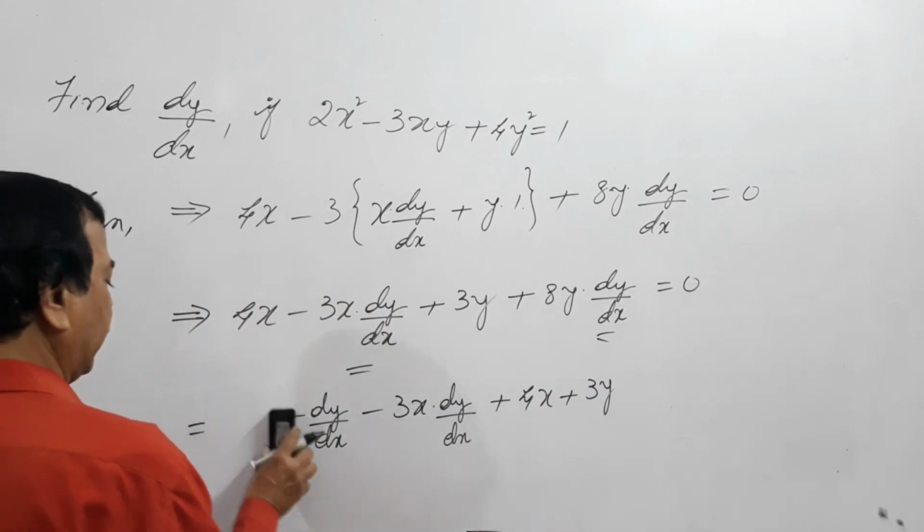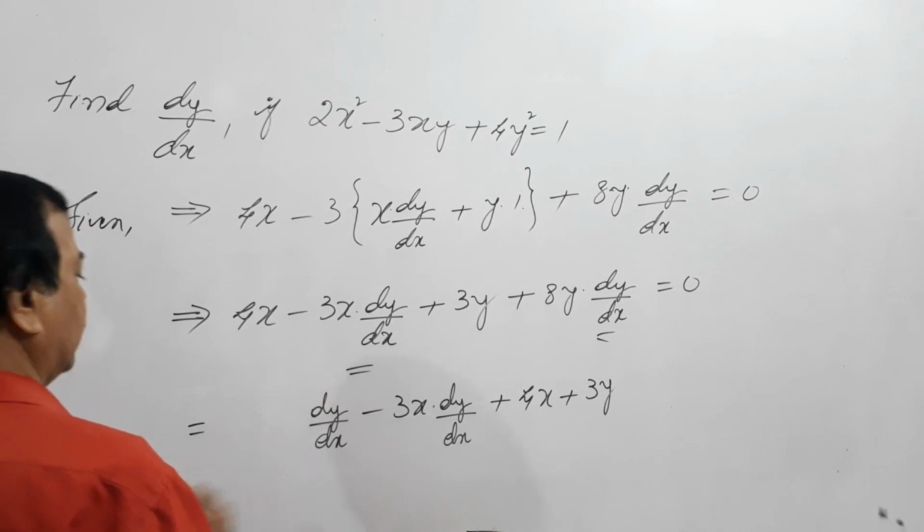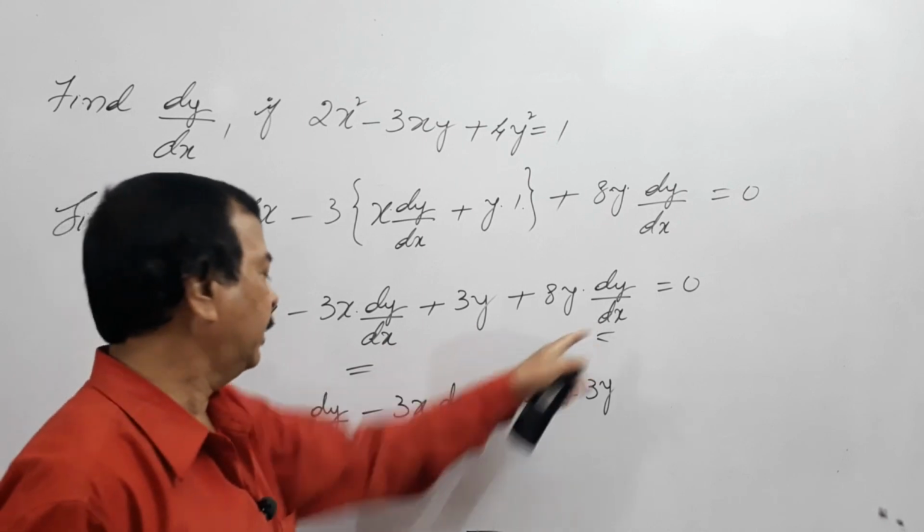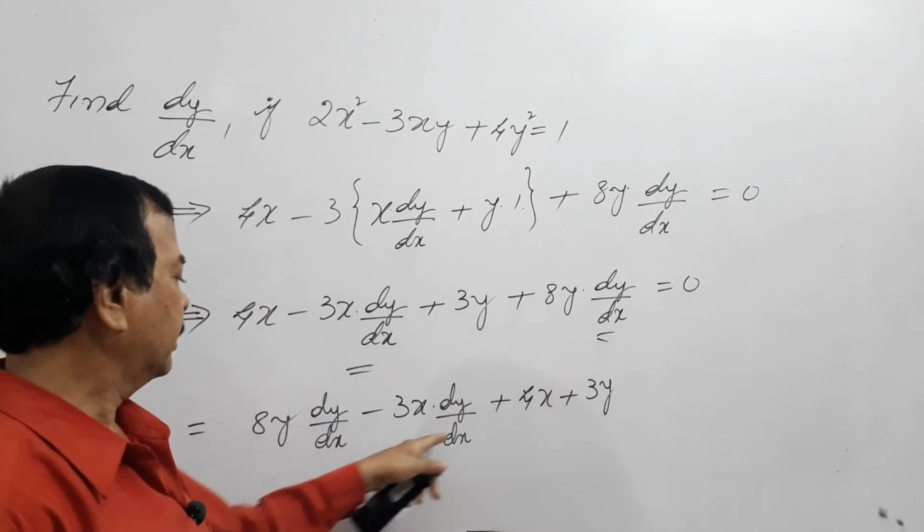So I am going wrong today. So this is 8y dy by dx minus 3x dy by dx.